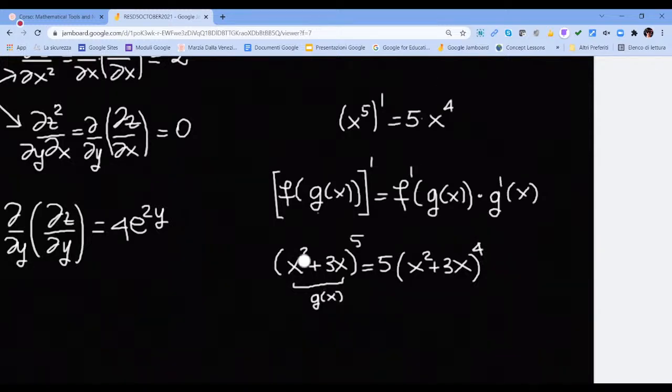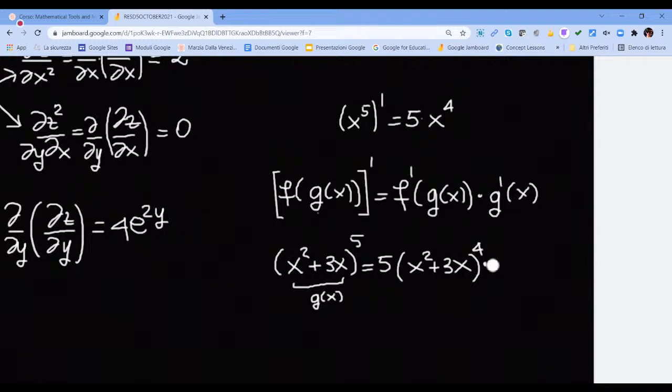And this is the derivative of what is outside.